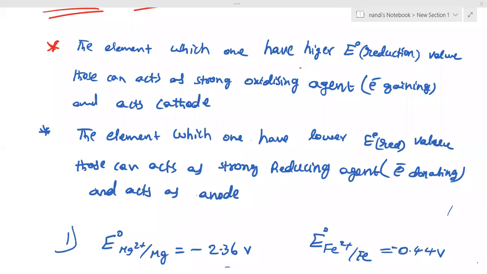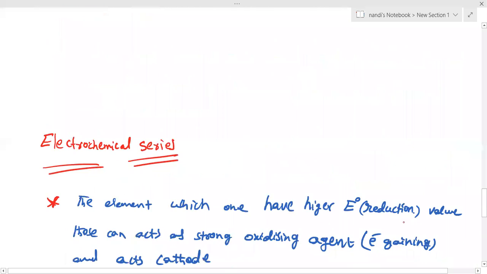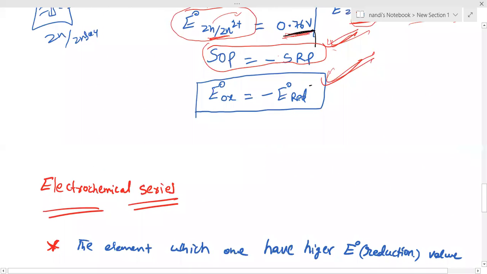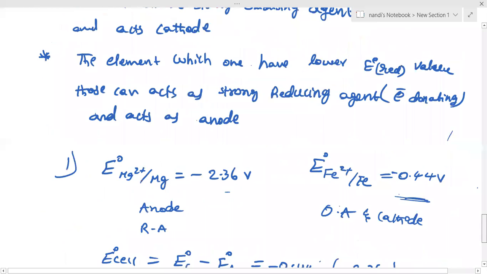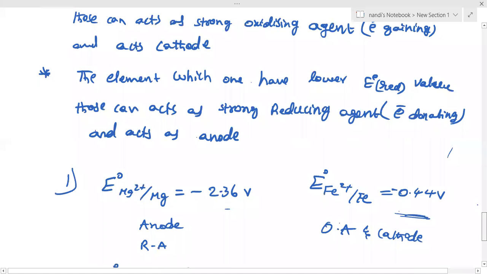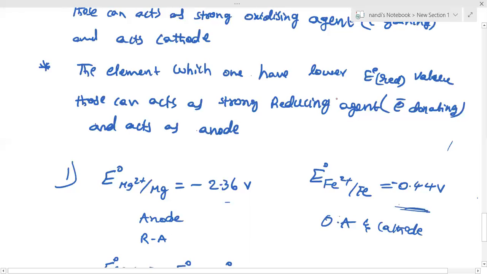Minus 2.36 and minus 0.44, which is the bigger value? Which is higher value, minus 2.36 or minus 0.44? This is the bigger value, minus 0.44. Which is cathode or anode, sir?